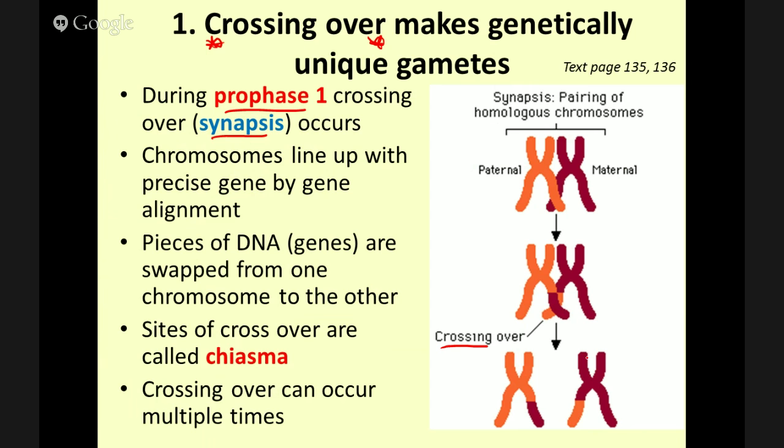And the maternal chromosome from the mom has a little bit of the genes from the dad's chromosome on there. So they swapped genetic data. It's called crossing over. And when they cross over, they make a cross shape. The Latin for cross is chiasma, so that's where this term comes from. We'll see a picture coming up from the textbook where they show you a chiasma.